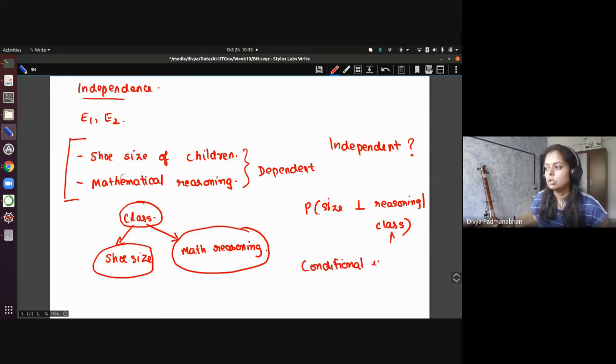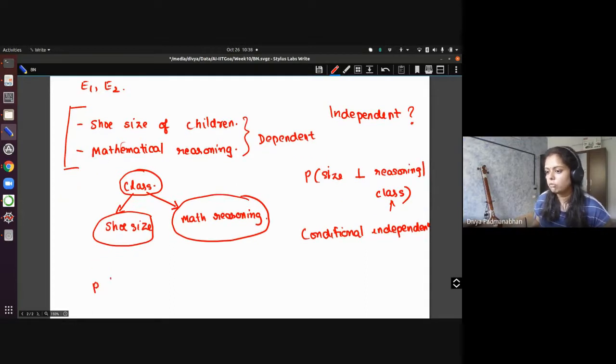So what is conditional independence more formally? Let's take three events. E3 is conditionally independent of E2 given E1.